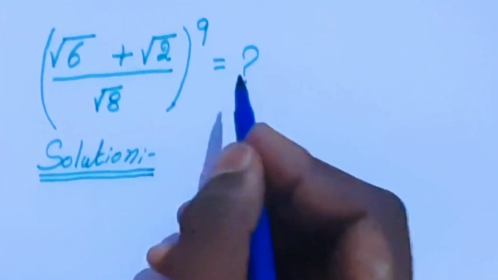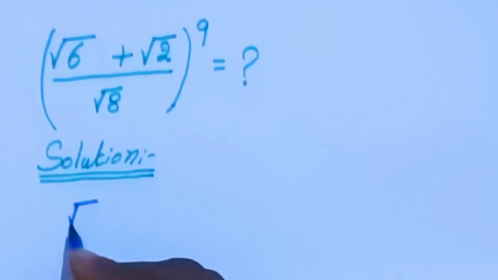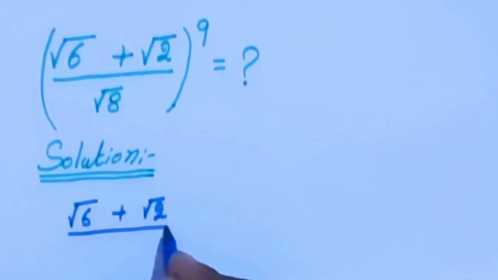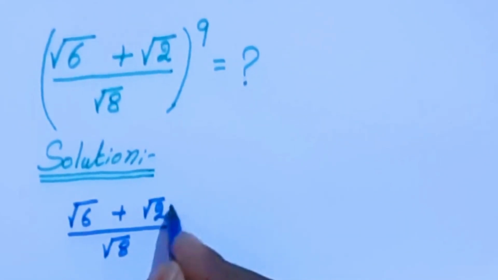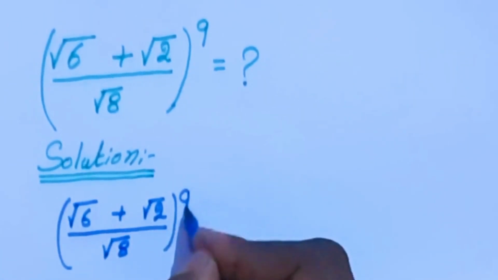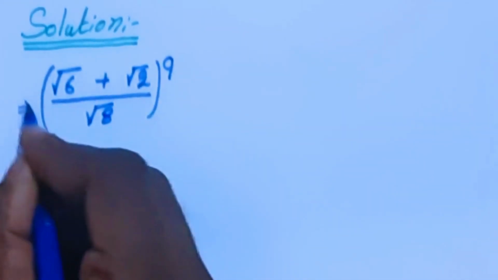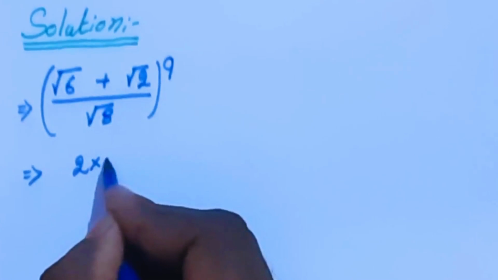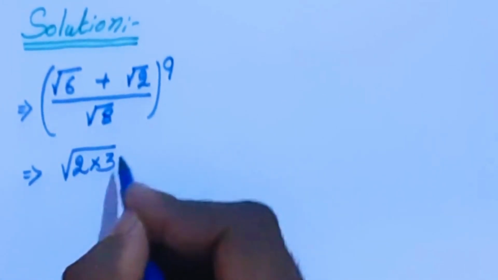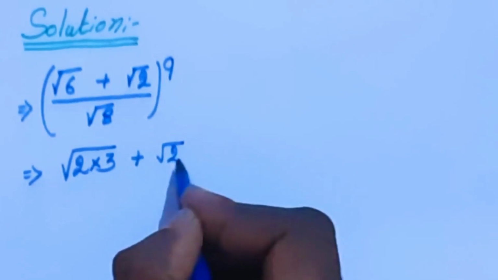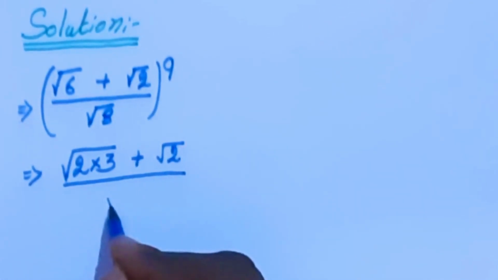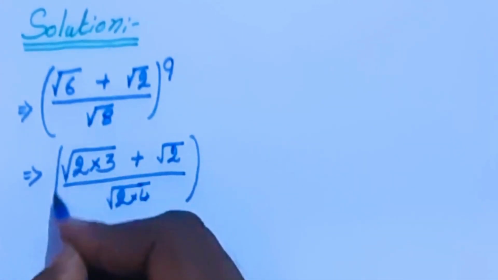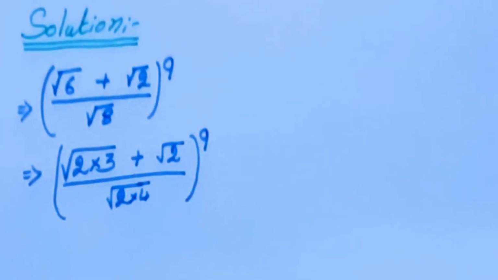Today we are going to solve this problem. Solution: (√6 + √2) / √8, the whole power 9. Now the square root of 6 can be written as √(2×3), plus √2, divided by √8, which can be written as √(2×4), in whole power 9.